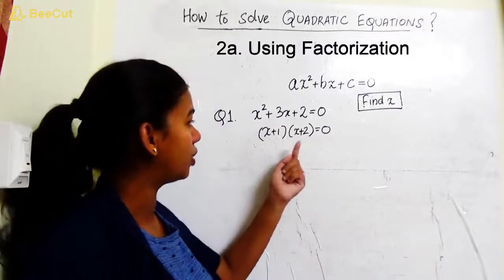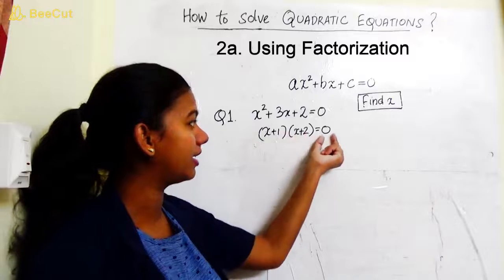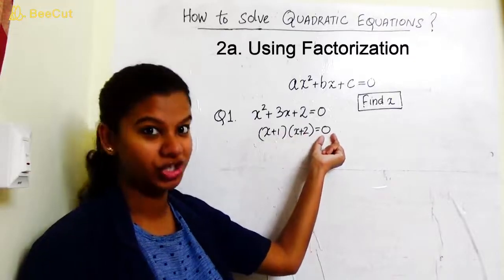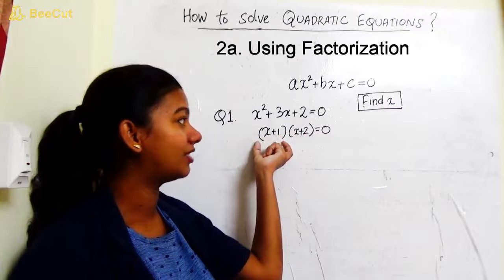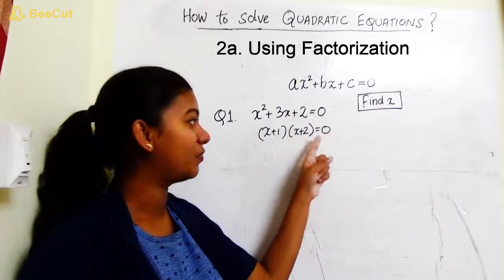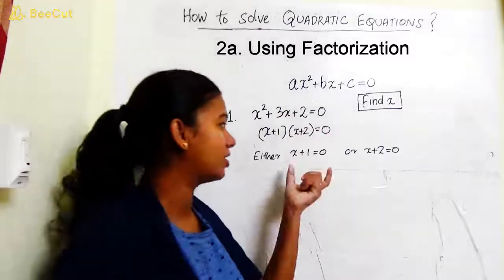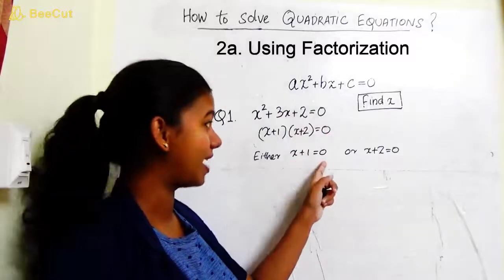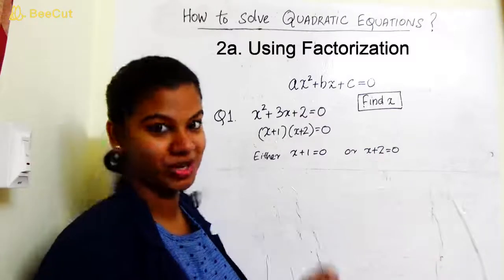Now if you have noticed, this factor into this factor, the answer is 0, which means that either the first factor should be equal to 0 or the second factor should be equal to 0. So let's write down and see what happens. Either x plus 1 equal to 0 or the second case, x plus 2 equal to 0.